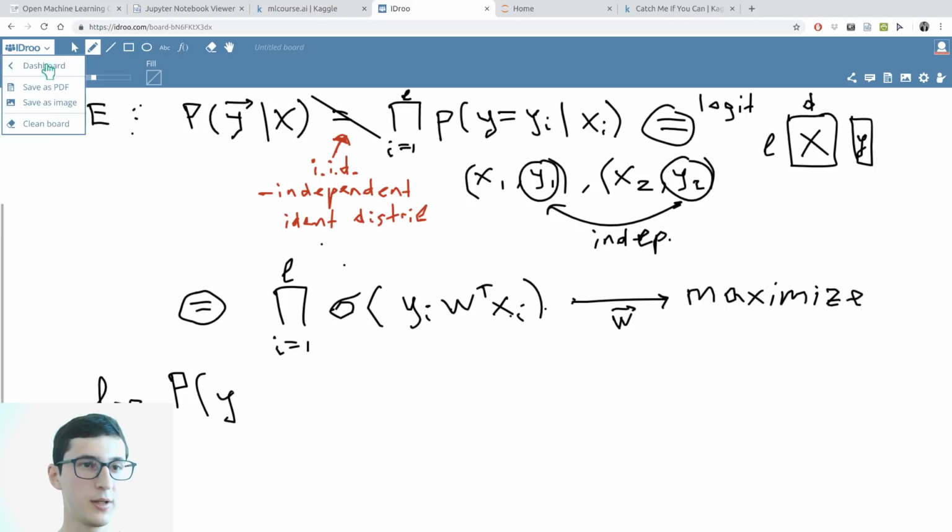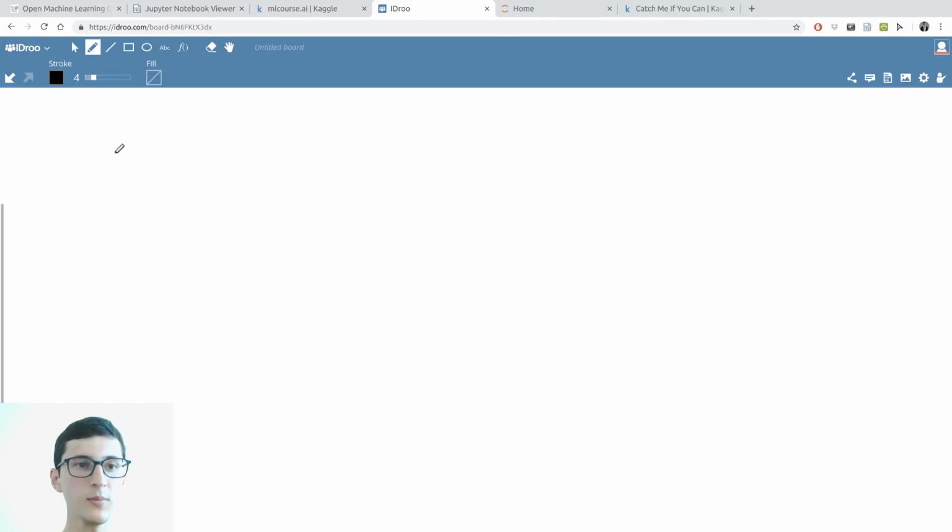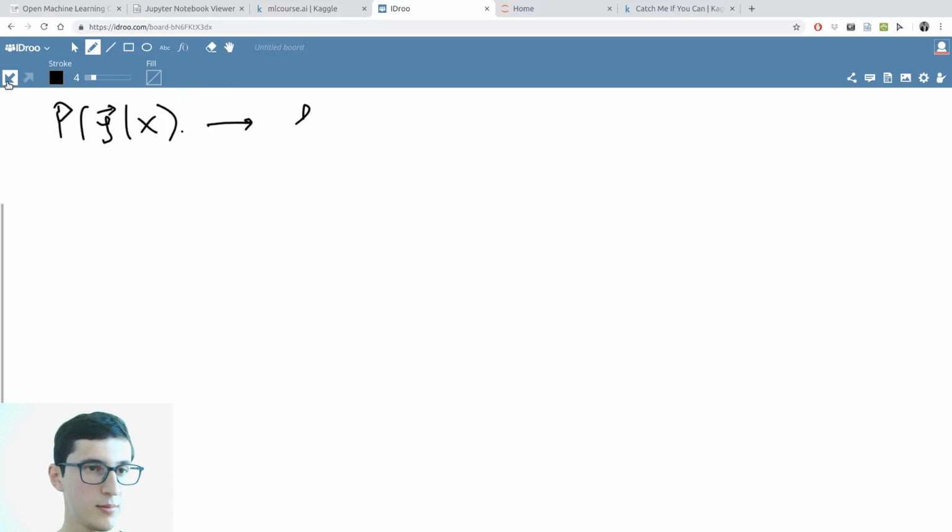Okay, so again, I'll start from scratch. Instead of maximizing the probability of observing the vector of y's for data x, which is a whole matrix, we'll go to the task of maximizing its logarithm.